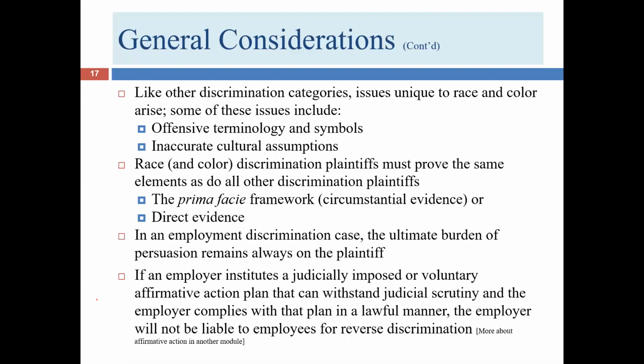So what does a race discrimination plaintiff need to do to be successful? Well, it's the same thing that we were talking about in earlier presentations. Remember, we had the bouncing ball. The first thing the plaintiff has to do is make that prima facie case. He or she has to prove he's a member, we'll say he to keep the pronoun straightforward, of the racial group that he claims to be a member of. We'll say he's African American.